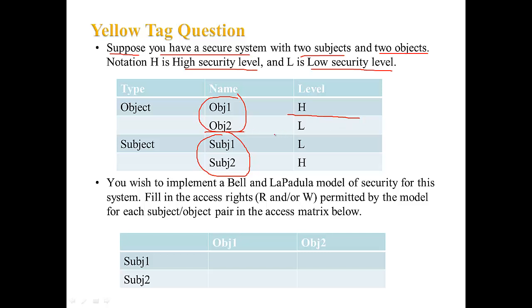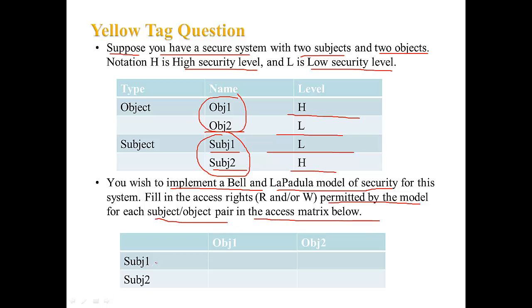Object 2 has low security level. Subject 1 has low security level and subject 2 has high security level. If we let you implement the Bell-LaPadula model of security for this system, please fill the access rights permitted by the model for each subject-object pair in the following matrix.